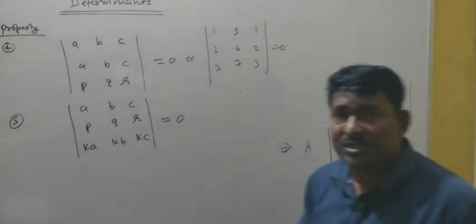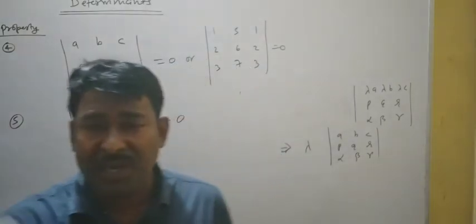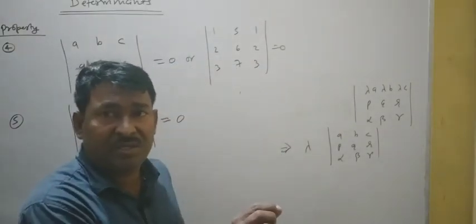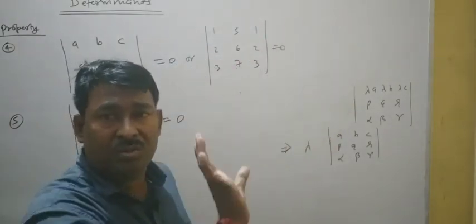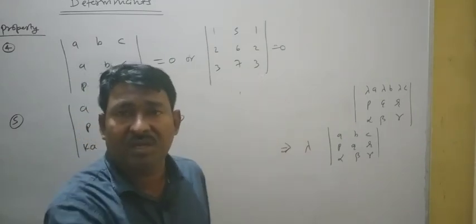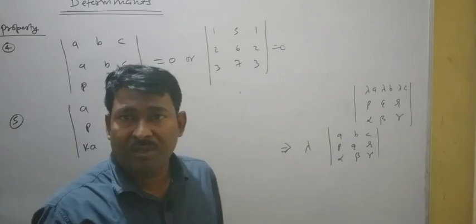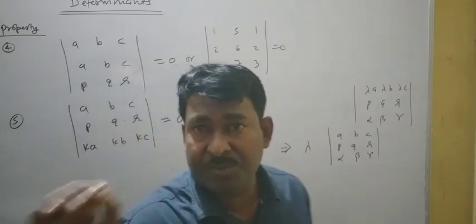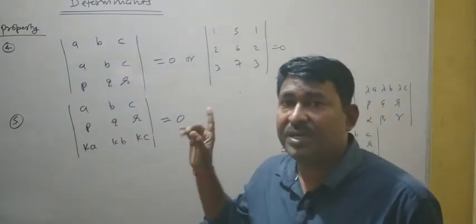So the conclusion is that you can multiply by any constant into a single row's elements or into all elements of a single column. But it was not possible in the case of matrices.